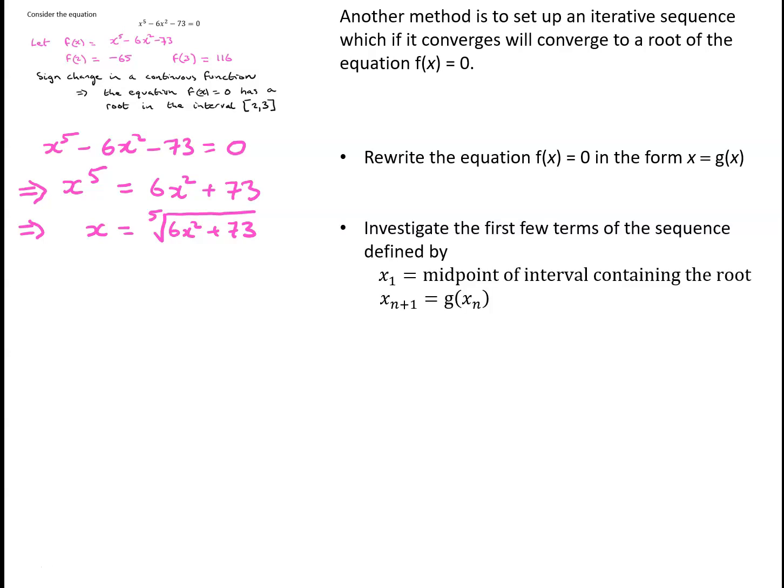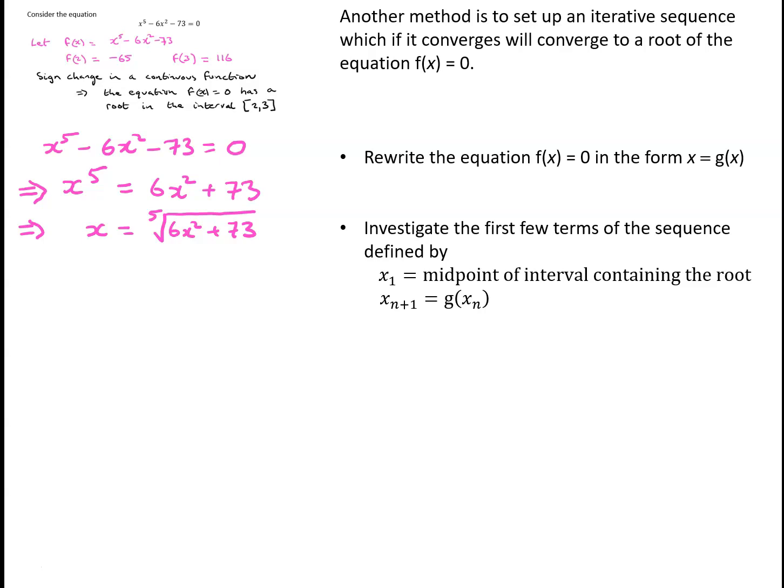And we then set up a sequence where the first term in the sequence is the midpoint of the interval containing the root, or in fact it can be any value inside that interval, it doesn't matter, but the midpoint is a quick and easy one to use.